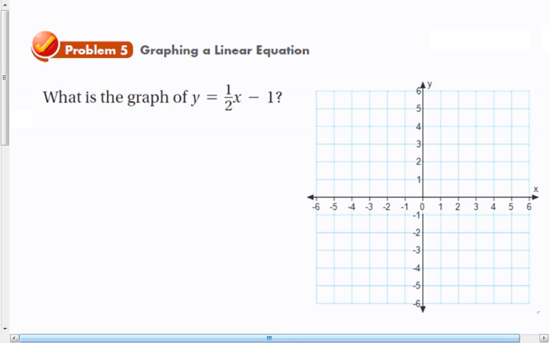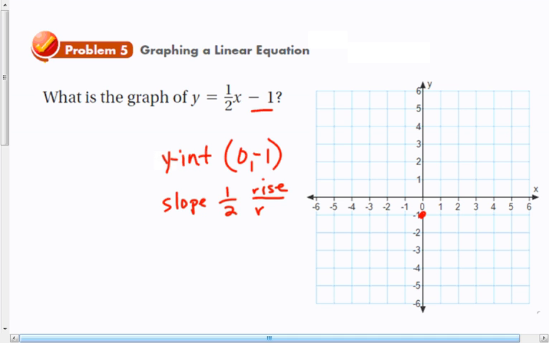All right, to graph a linear equation in slope-intercept form, we're going to use our clues here. We know that this part is the y-intercept, so the y-intercept is (0, -1). Let's go ahead and plot that right there on the graph. And then our slope is 1/2, and we can think of that as a rise over a run.